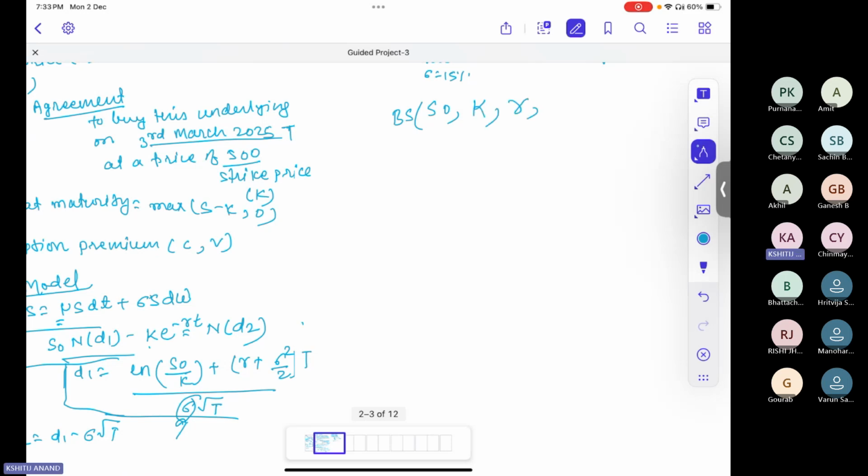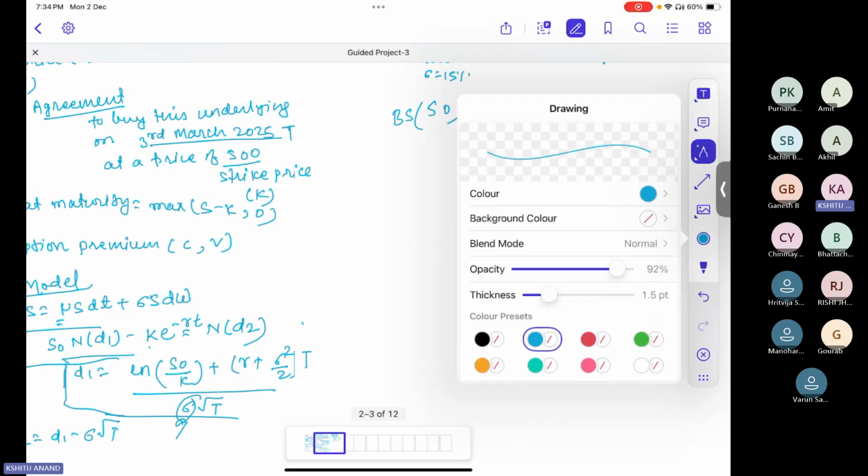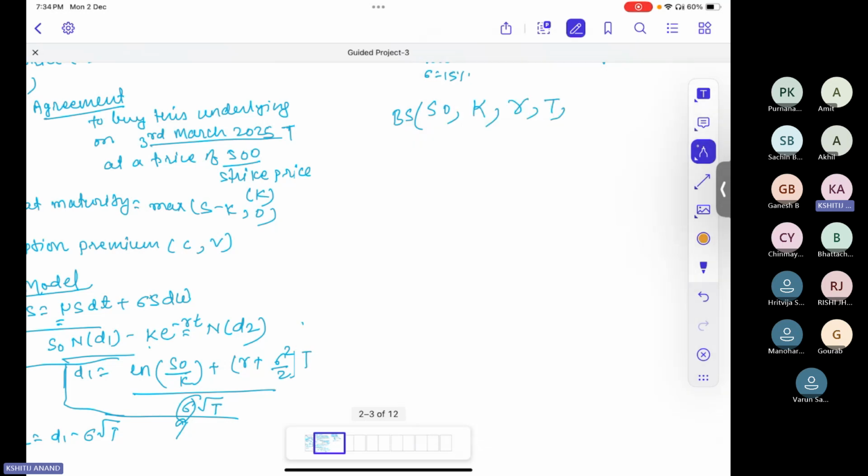D1 and D2 are just expressions of other terms. So what are the other missing terms? Sigma and T. T we can provide. Sigma is the term that is problematic for us, because we're not sure what value of sigma we should provide to the Black-Scholes model.